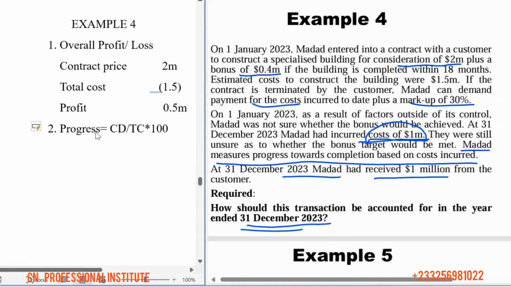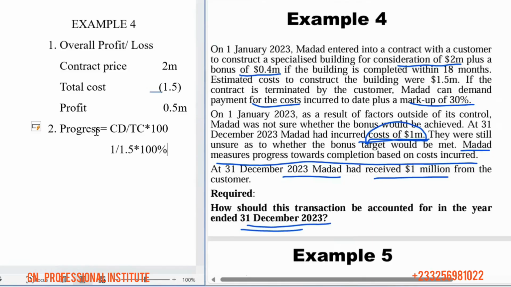So here it will be 1 million divided by total cost 1.5. Total cost is 1.5. Then multiply by 100%.